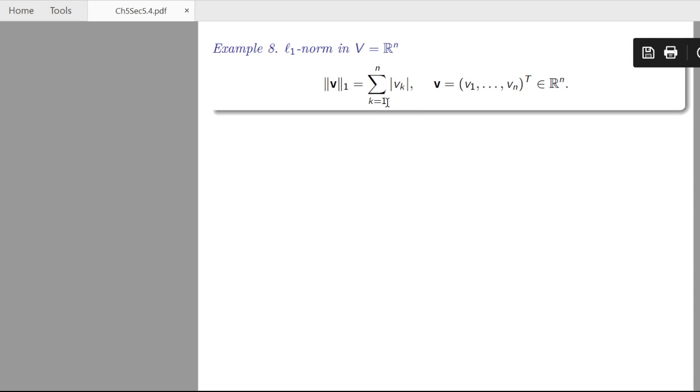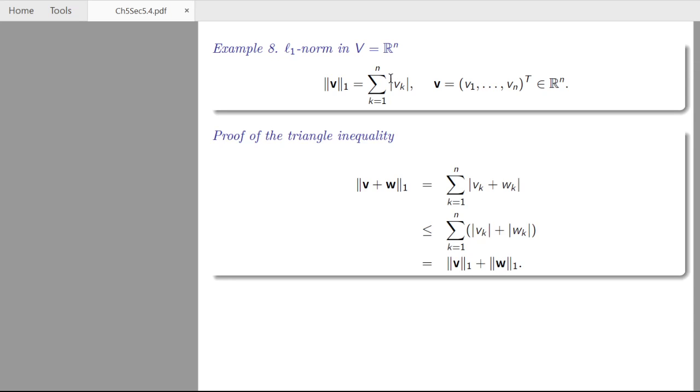Then what we are going to do is verify the three properties for the norm. Once we've done that, we can claim we have a normed linear space Rn. The first two properties we can easily verify.